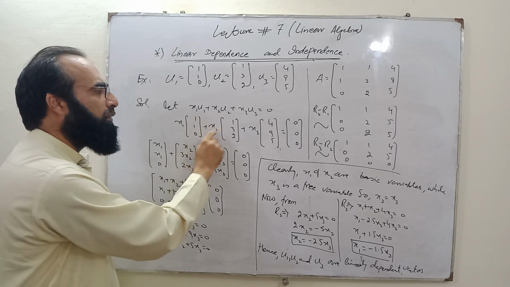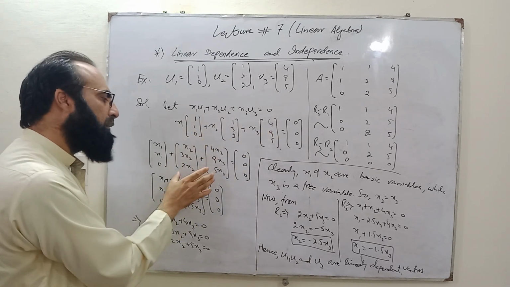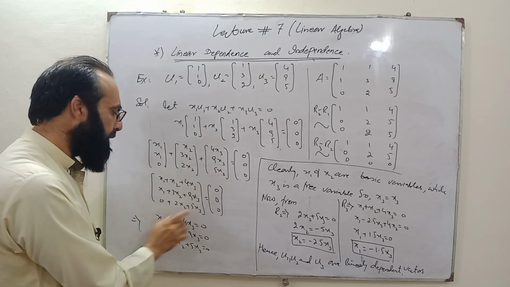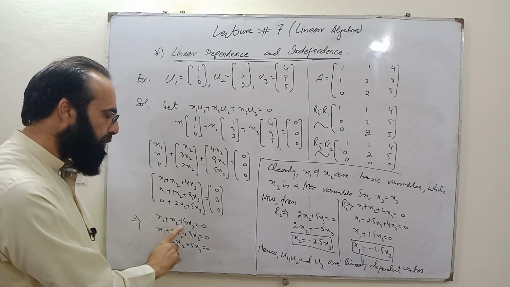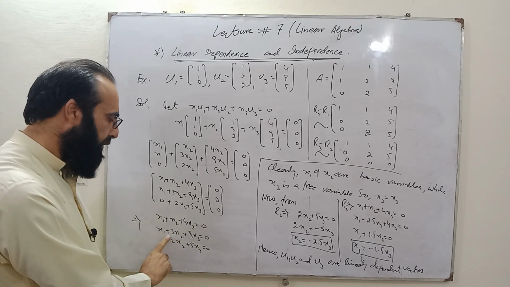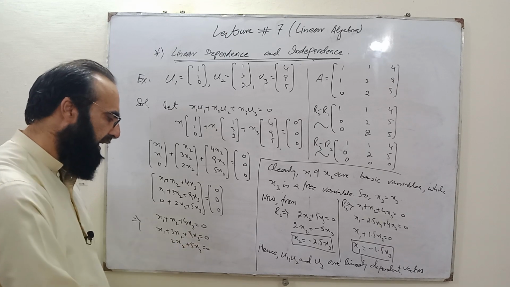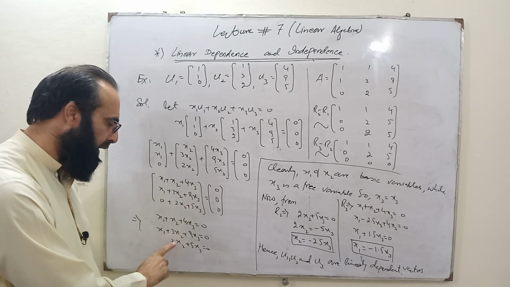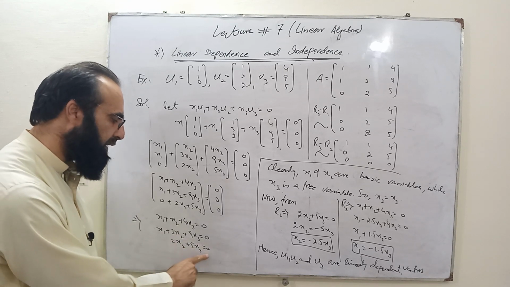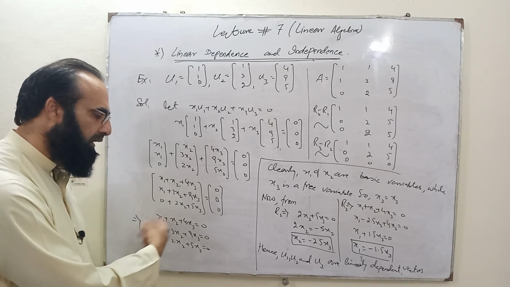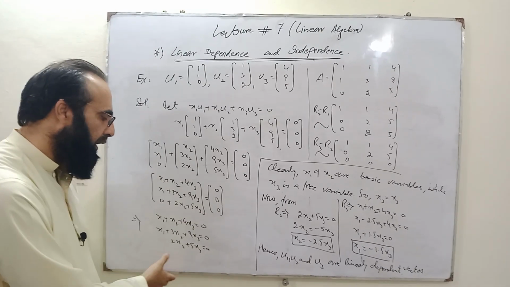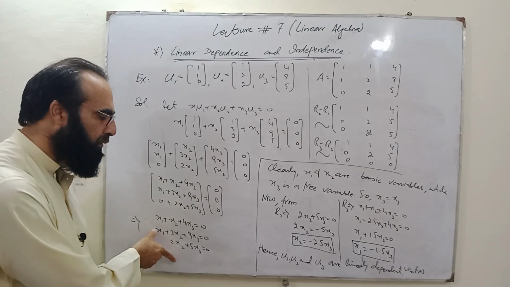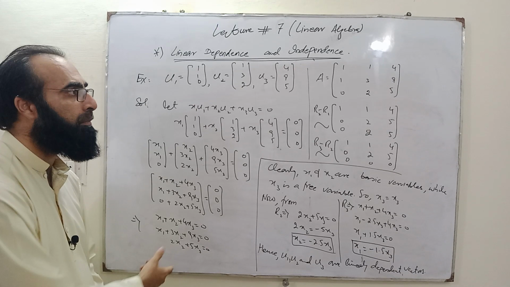Multiply x1, x2 and x3, and after that add these matrices, we will get x1 plus x2 plus 4x3 equal to 0, x1 plus 3x2 plus 9x3 equals 0, and from the last row we obtained 2x2 plus 5x3 equals 0. Clearly this system is a homogeneous system, and to solve this one we have to write this system in its augmented matrix form.